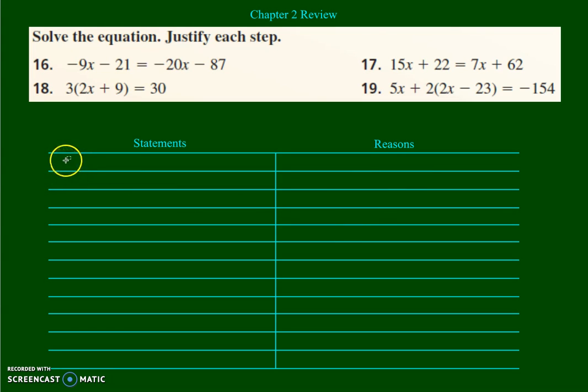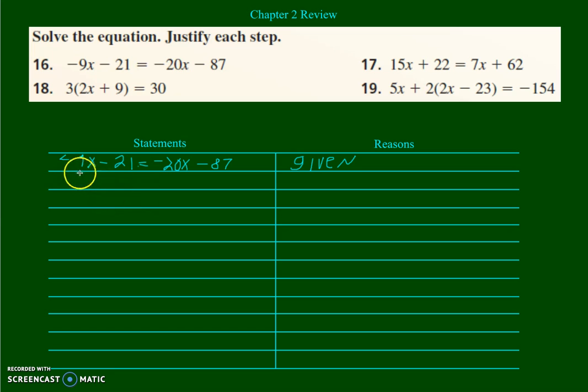So first thing, we're going to copy down our first statement, and we have negative 9x minus 21 equals negative 20x minus 87. This is given to us, so the reason here is given.